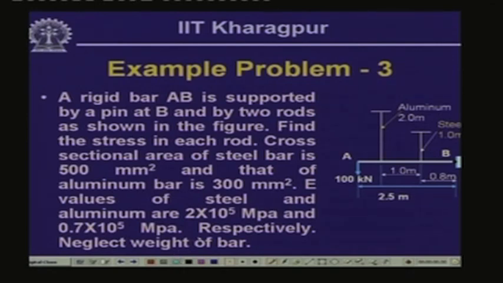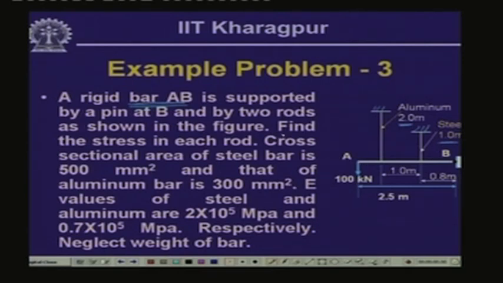AB is a rigid bar, supported by a pin at B and by two rods, which are at distances of 0.8 meter and 1.8 meter from B. This is a steel rod of length 1 meter, and this is an aluminum rod of length 2 meter, and this bar is subjected to a load of 100 kilonewton at the point A.